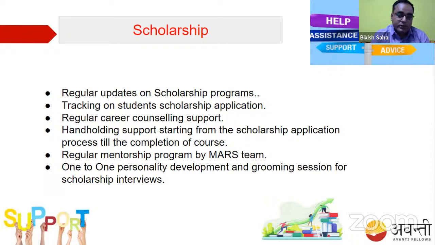Hand-holding support will be provided about the scholarship application process and how to get the scholarship, and different personality counseling, how to face the scholarship interviews, how to answer the interview questions. This kind of counseling will be given to you from time to time. So you need not worry at all. Just keep in touch with us, and we'll provide all the support that is required.